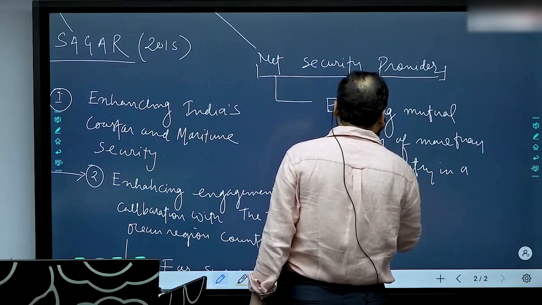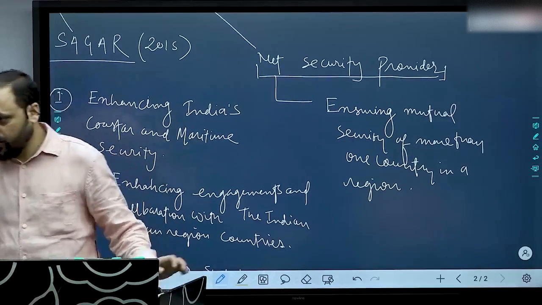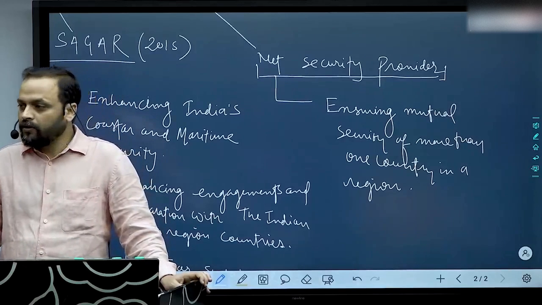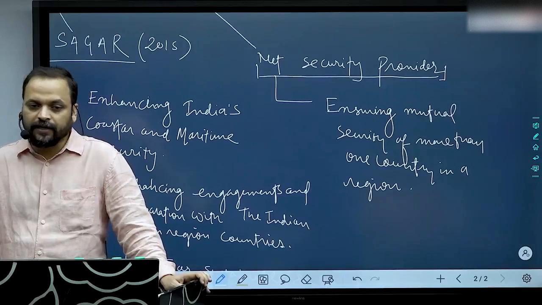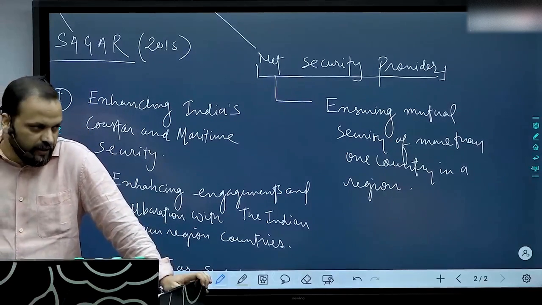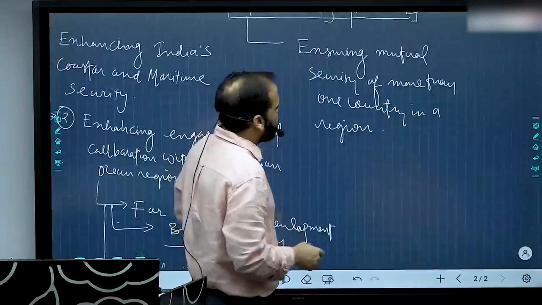Right? In very simple terms, this is what it means. That a net security provider is one which is not only capable of ensuring its own security, but also that of others. Right? Ensuring mutual security of more than one country in the region, in very simple terms. Right?